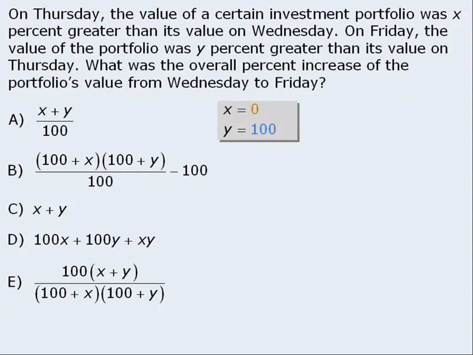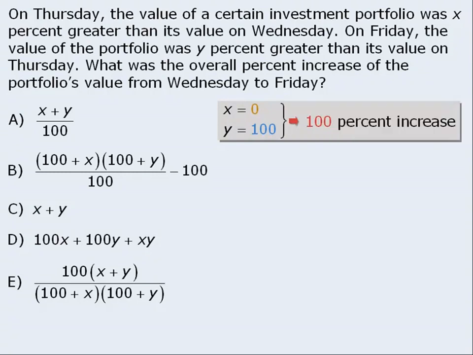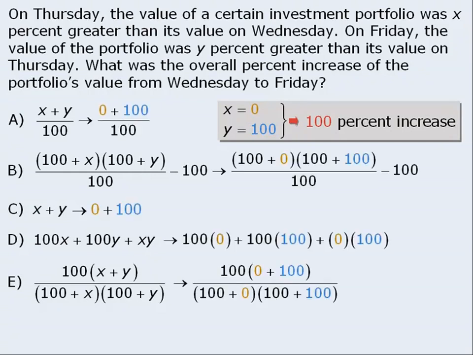In other words, the portfolio increased 0% from Wednesday to Thursday, and then increased 100% from Thursday to Friday. This would result in a 100% increase from Wednesday to Friday. Once again, these values make it very easy to mentally plug in 0 for x and 100 for y, and then perform the necessary calculations. When we do this, we see that we have 2 matches.